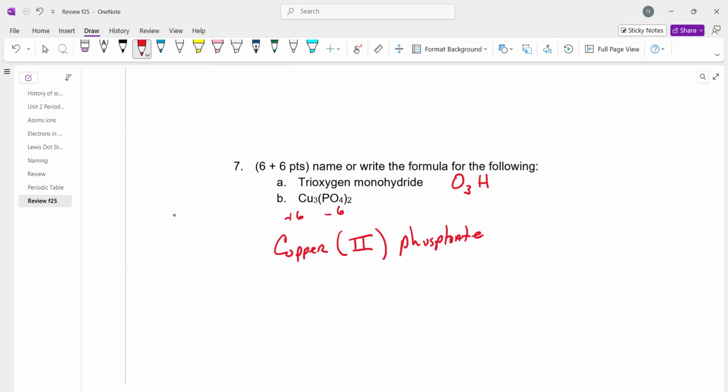It's also cupric phosphate. Your next chemistry class is probably not going to use cupric or cuprous. You're going to be using copper 2. Both answers are correct.